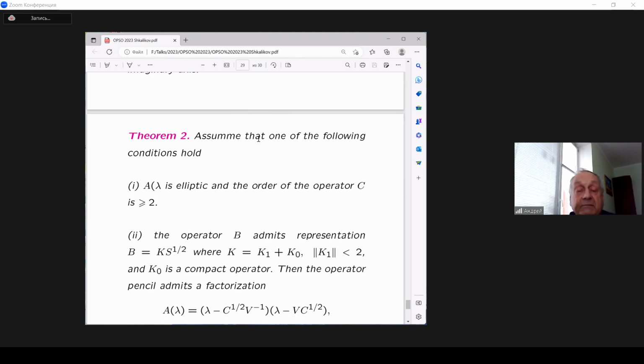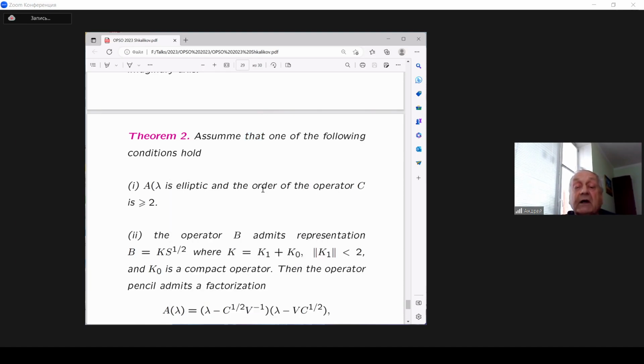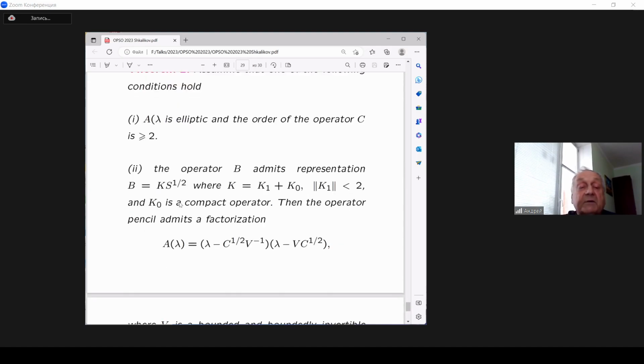Assume that one of the conditions holds. A of lambda is elliptic, and the order of the operator C is greater than 2. The operator B admits a representation K to the power s1, where the norm of K is less than 2, and K is compact.